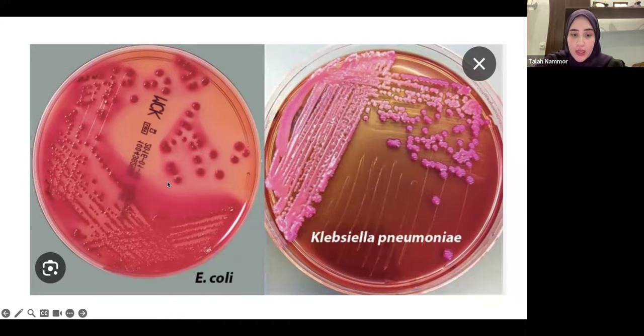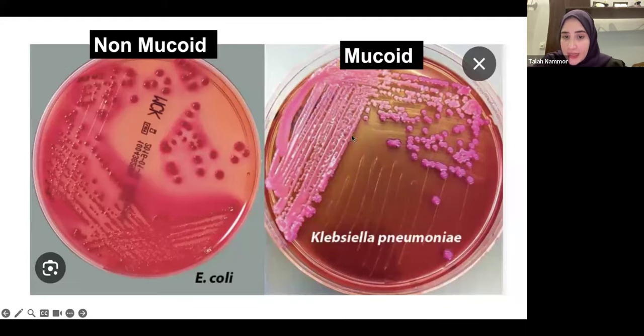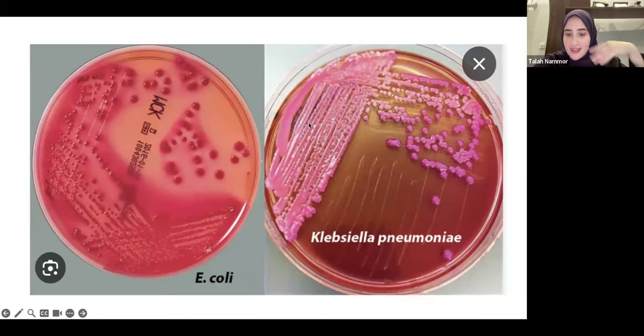So in E. coli, look at how these are non-mucoid, like they're just dots. They're just dots at the McConkey, like they're not mucoid like the Klebsiella. Like if you look at the Klebsiella, you could see how it looks slimy. Is that clear?